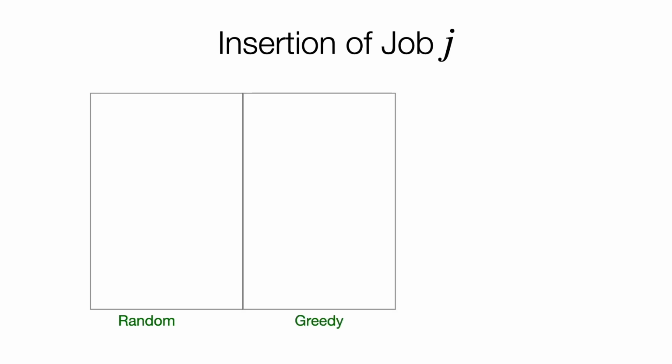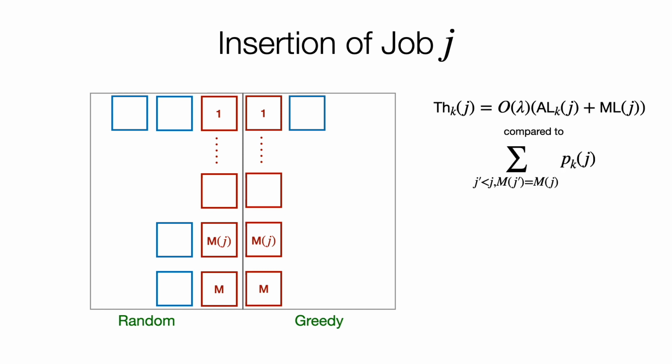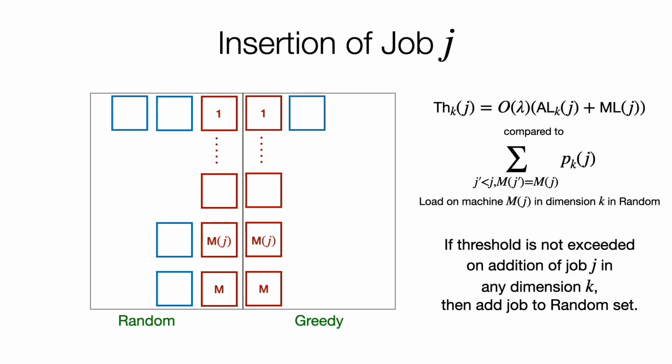Now, when we want to insert job J, we again have two copies of these machines, random and greedy, and they already have some jobs assigned to them. We set the threshold for job J as, again, order of lambda times ALK of J plus ML of J. This threshold is compared to the actual load on machine M of J in dimension K in the random set alone.